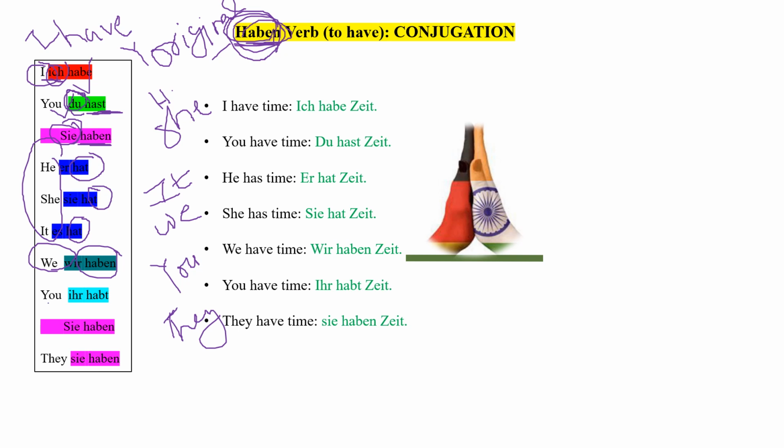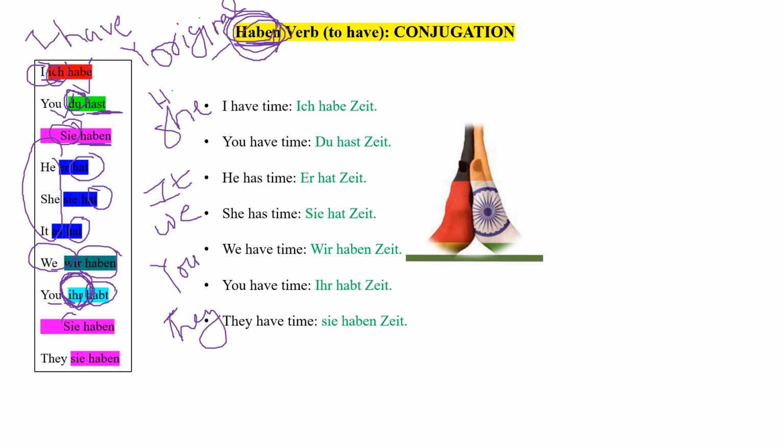Now coming to the plural case, informal scenario. If it is ihr, I have already explained what ihr is, but I will repeat again. Ihr is the informal way of addressing a group of people. So if the subject is ihr, it will take habt, H-A-B-T, right?